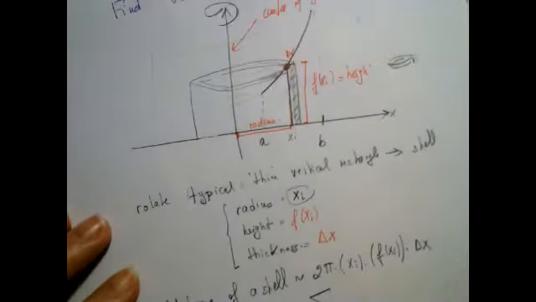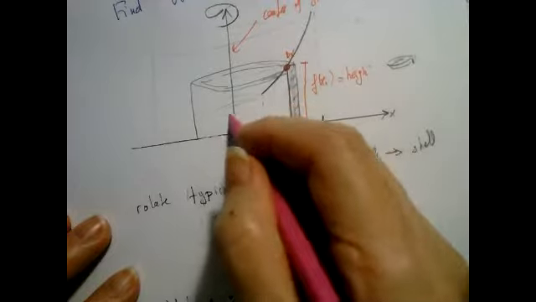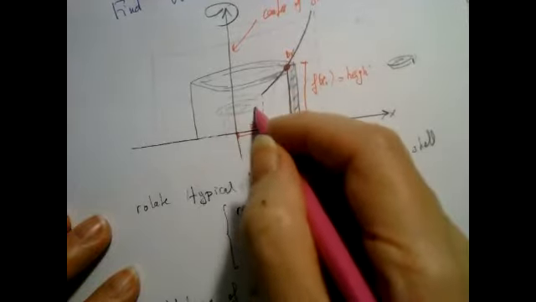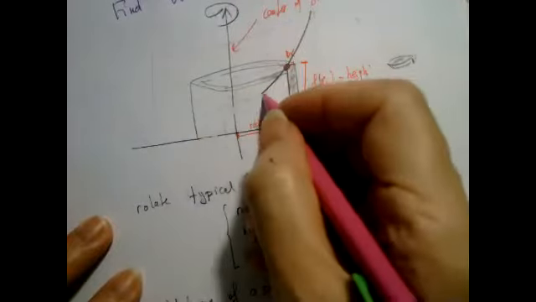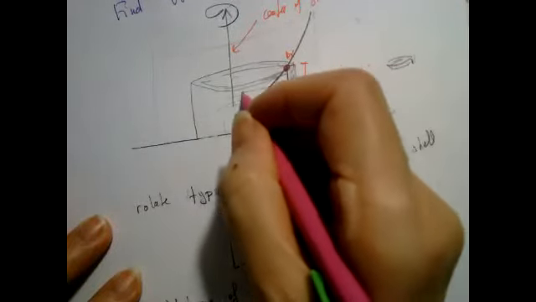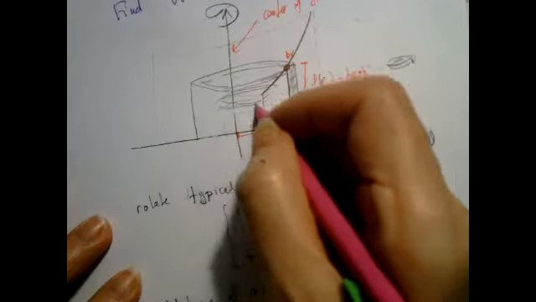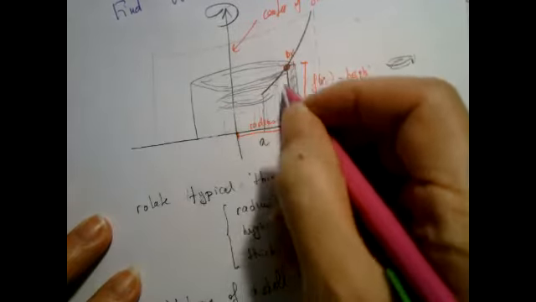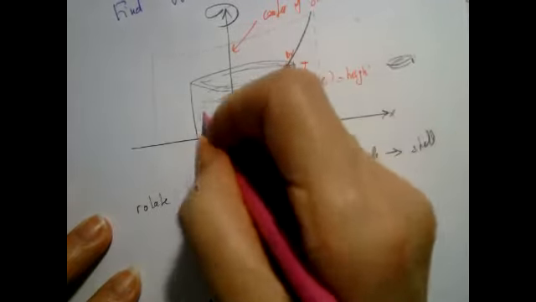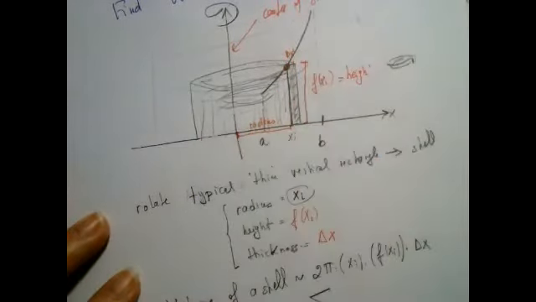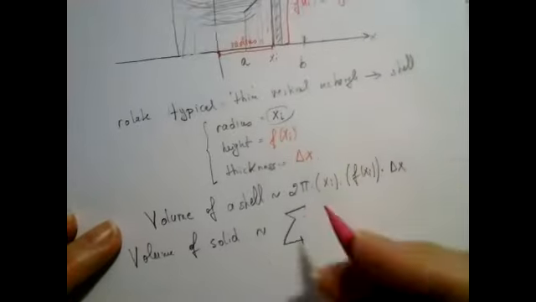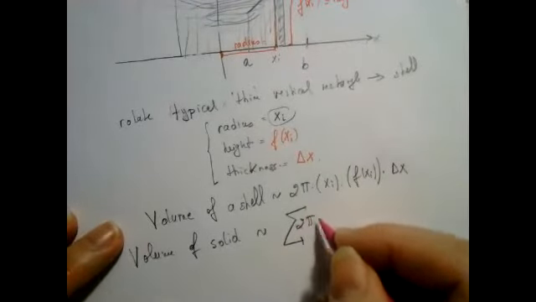I'm covering my region with those shells, the solid. I'm getting one plus the other, like the picture we saw yesterday, plus this, and we keep adding and adding. So it's the sum of the volume of the shells.